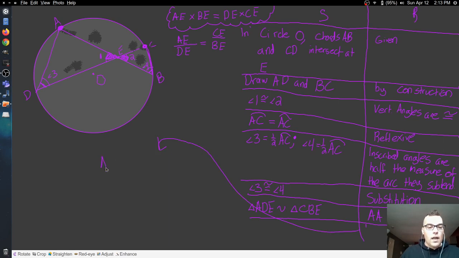I can say that AE over, so this part over DE is equal to, I'm going to take a corresponding side in the other one, CE over BE. My reason for that is that similar triangles are in proportion.